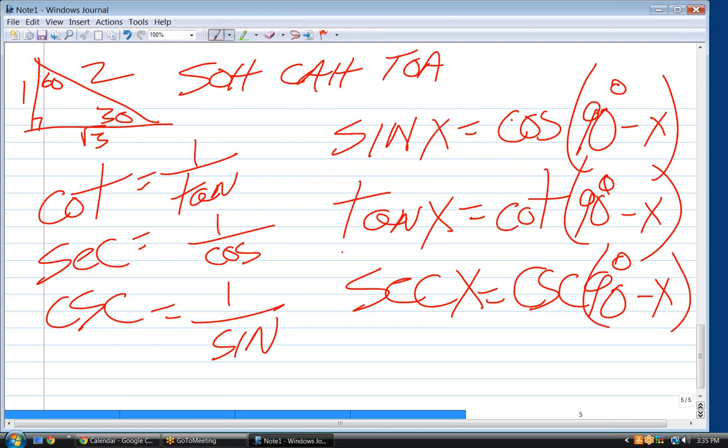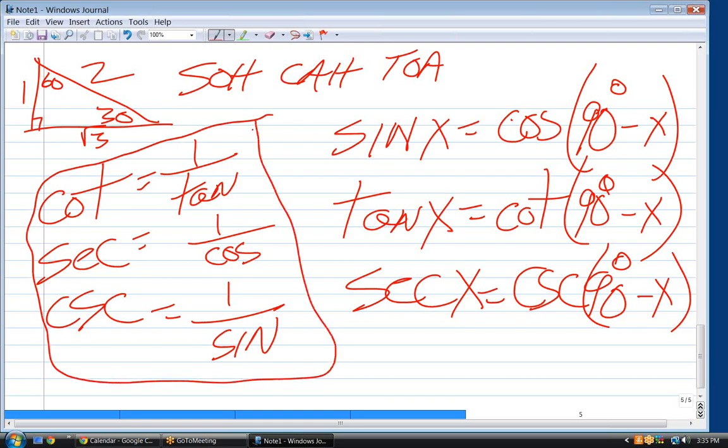You may not have learned it yet, but I wanted to mention it merely because when I use this little technique to teach people the reciprocal relationships, I don't want you to get that confused with the co-function relationships.